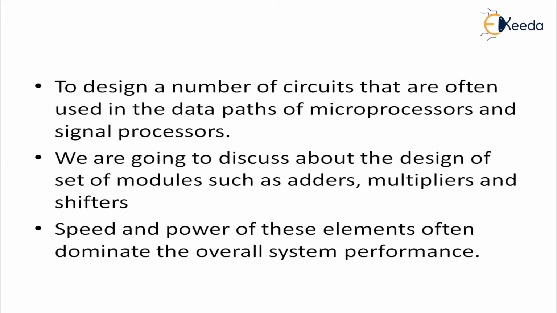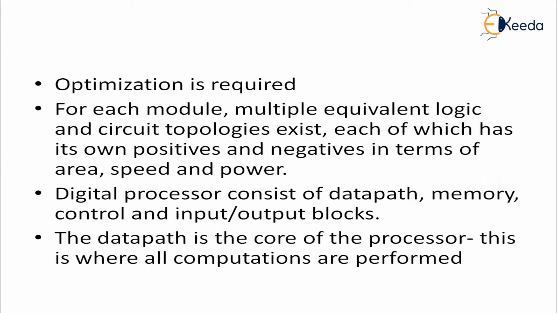So here we will be learning about the circuitry that is being used in the data path. The modules we are going to learn are nothing but adders, multipliers and shifters, because the speed and power of these modules is going to dominate the system's performance. So optimization is most important because speed and power play an important role.